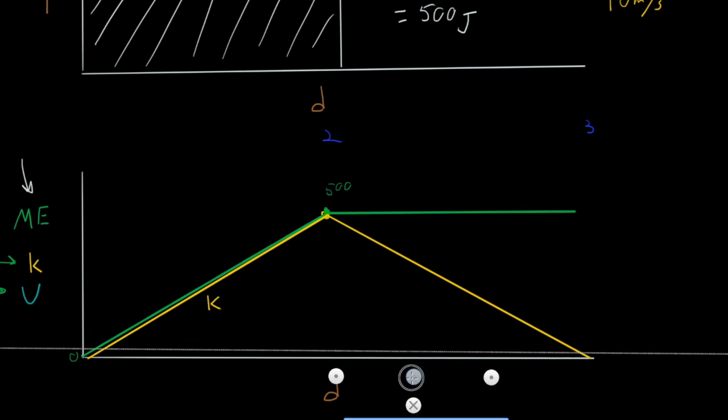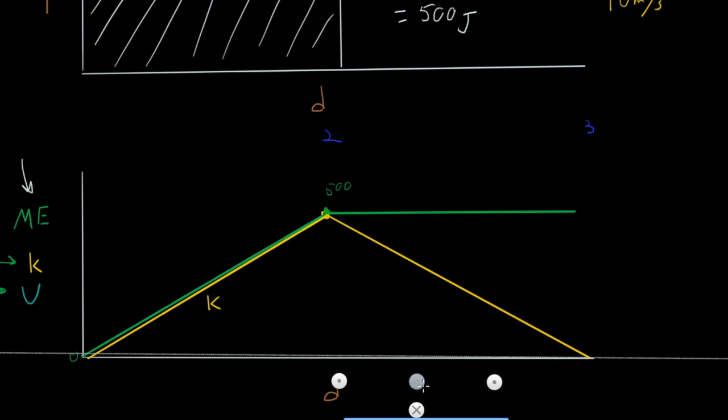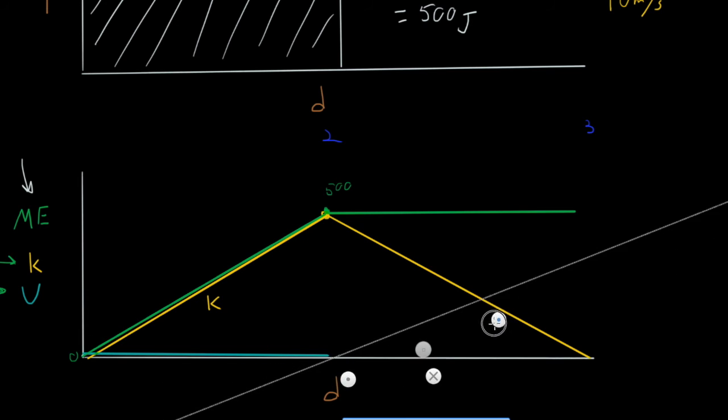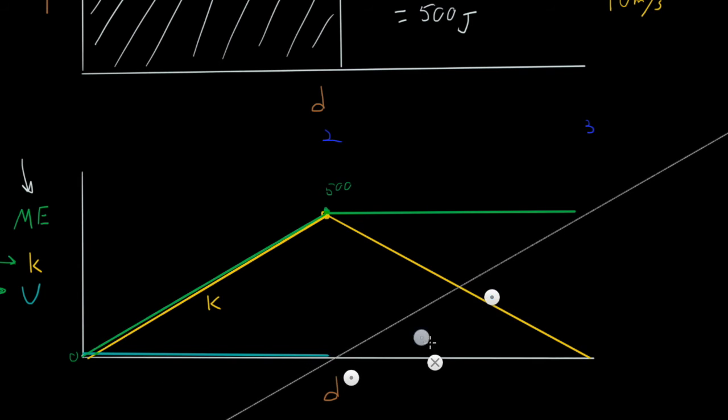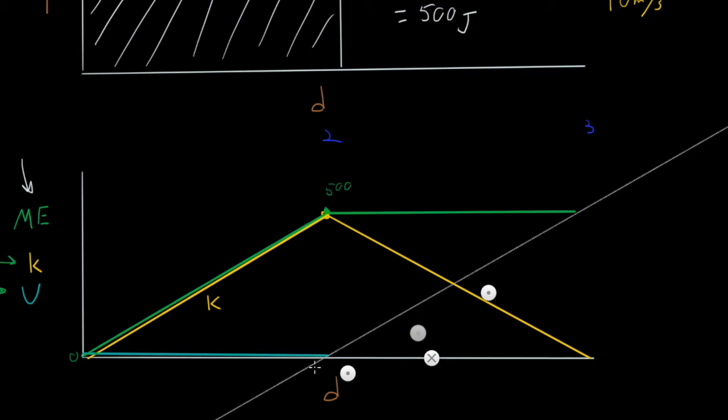So between point 1 and point 2, my potential energy is 0. We're on a flat level surface. Potential energy is 0. But then, almost perfect. Get better at this.